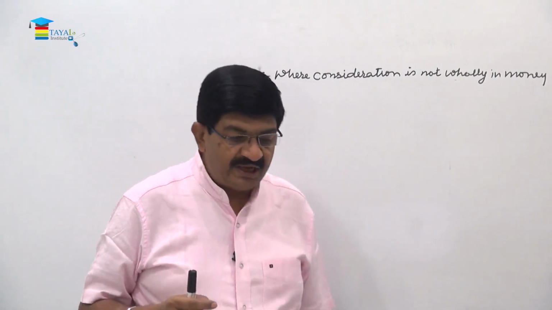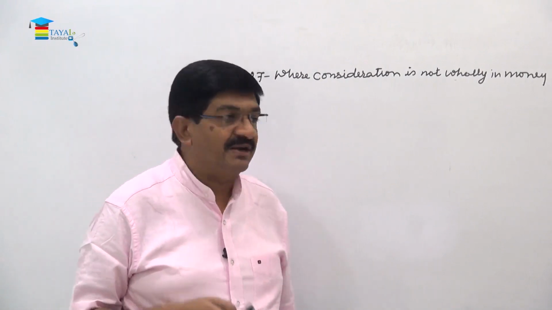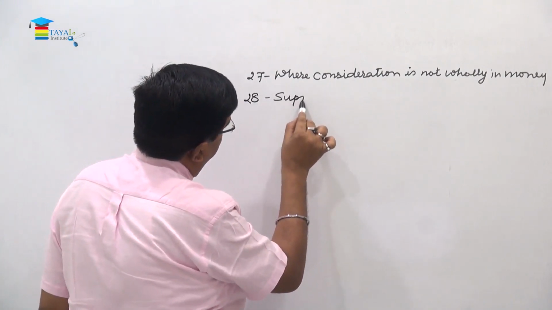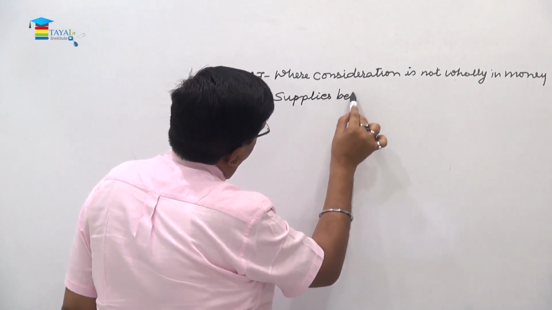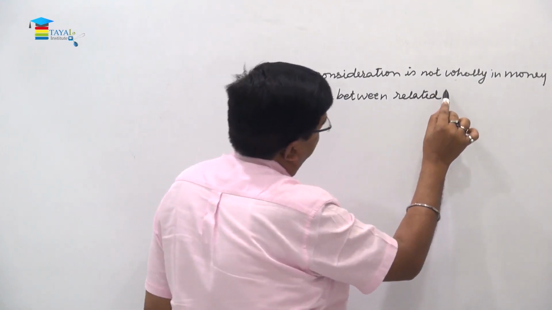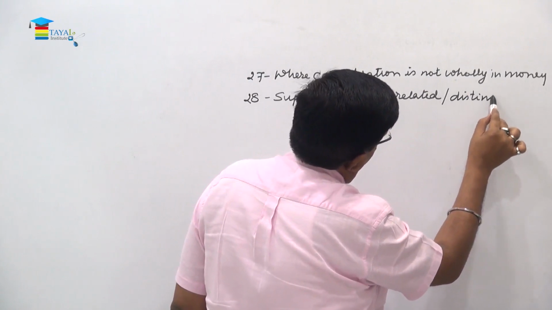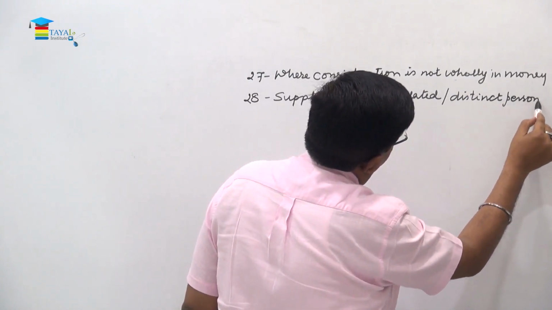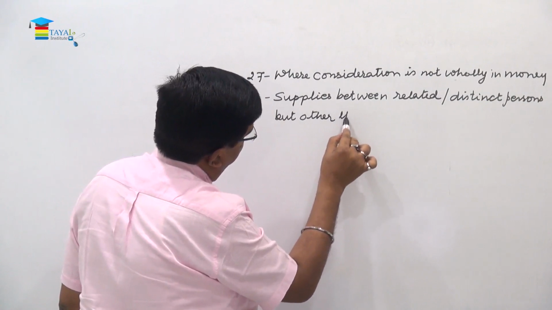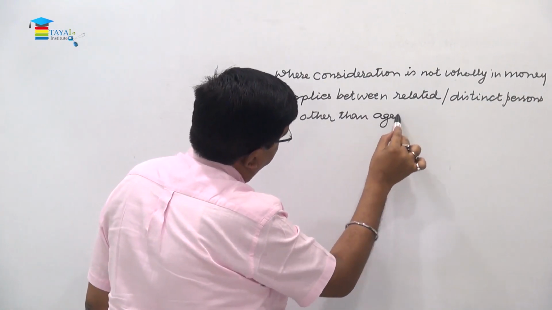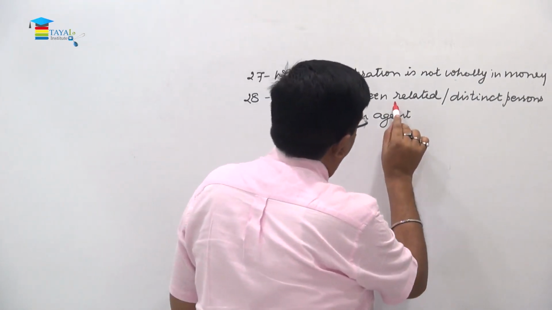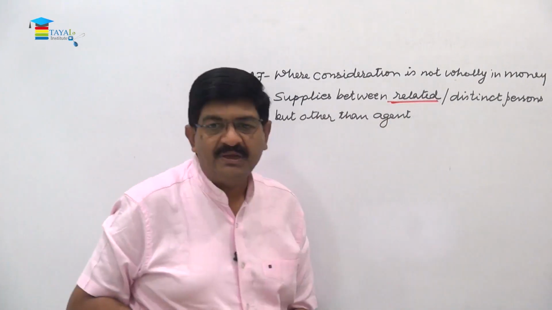Then we have rule number 28, which talks about supplies between distinct or related persons, but other than agent. Now who is called related? That we have already understood in section 15 when the parties are said to be related.